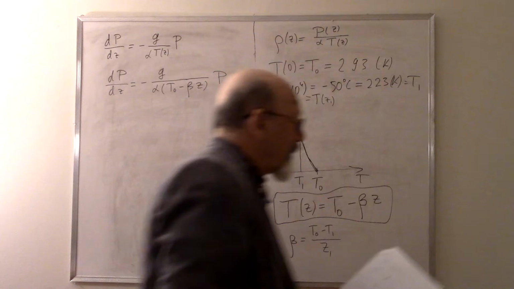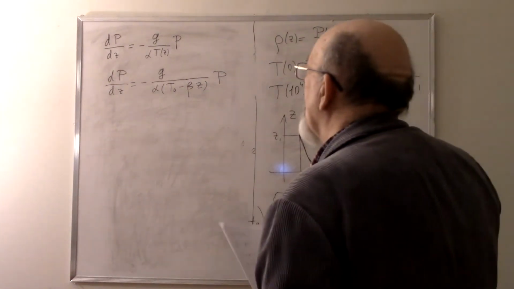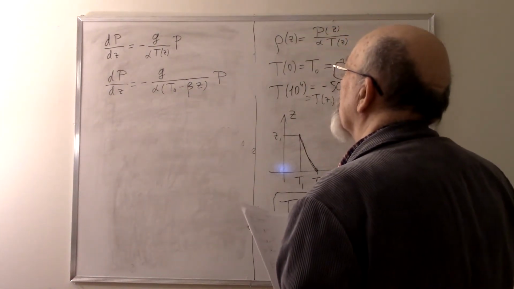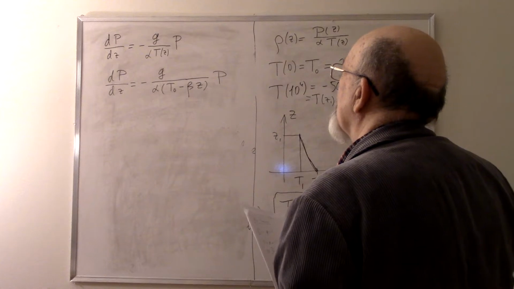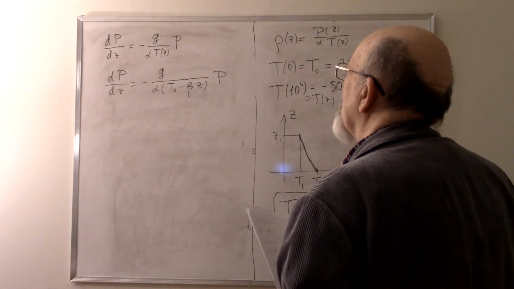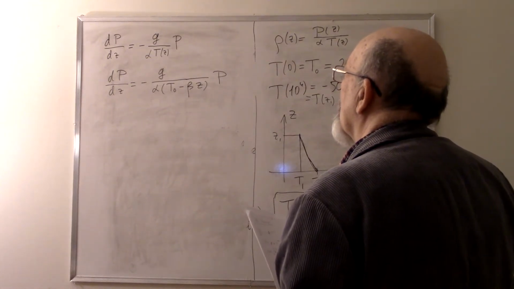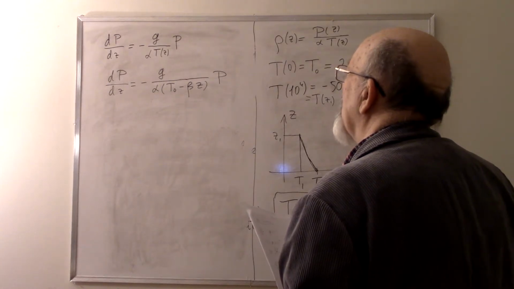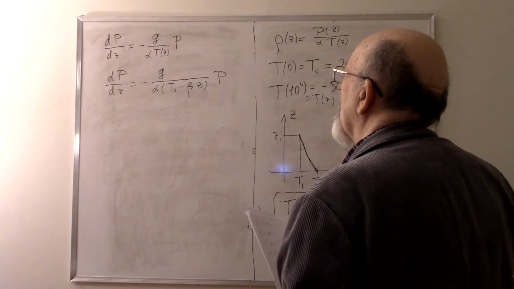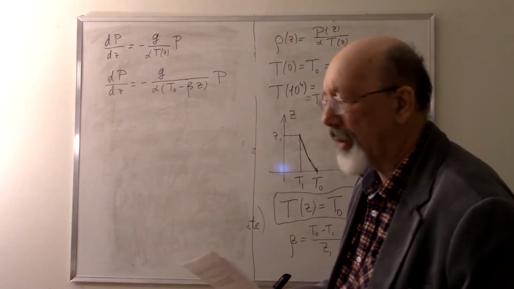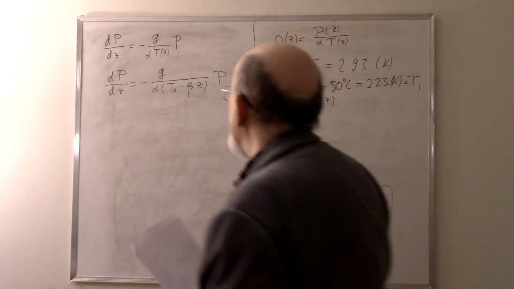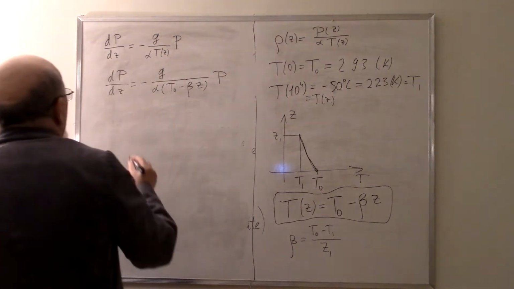Now, this is also a linear equation, but it is even simpler. It is a linear homogeneous equation, or rather a separable equation. So let us solve it as a separable equation.